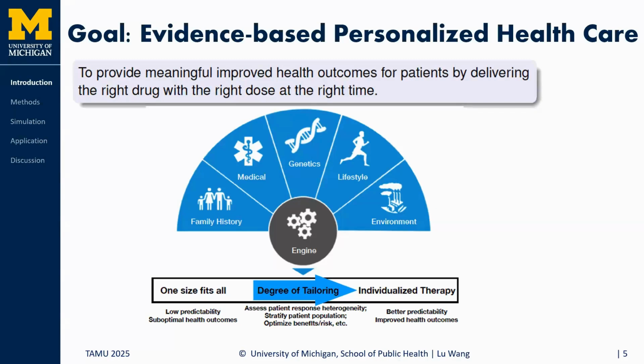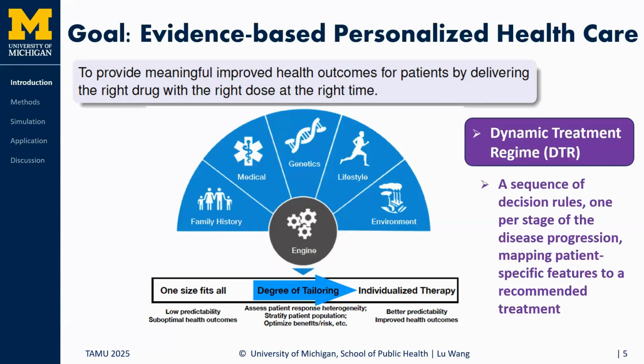Instead of one-size-fits-all treatment, we integrate some degree of tailoring to make individualized therapy possible. That means we want to find the right drug with the right dose at the right time, individualized to each person, to provide meaningful, improved health outcomes for your patients.